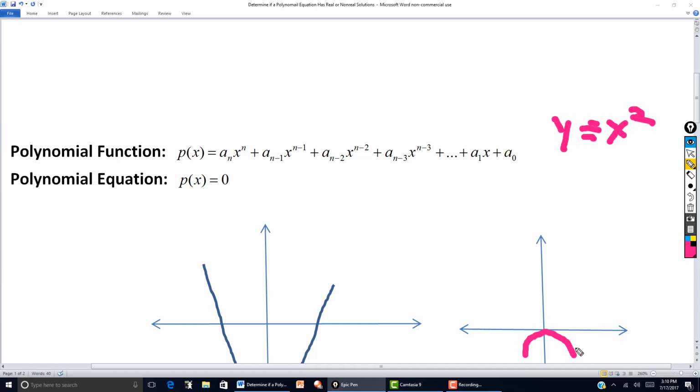So if the graph crosses the x-axis, it's going to have a zero. This particular one over here has 2 zeros. It crosses the x-axis twice. This one crosses once, so there's 1 zero. Now if the graph is up here somewhere and goes like that, obviously it doesn't cross the x-axis, so no zeros. If it's below like this, no zeros, and so on.